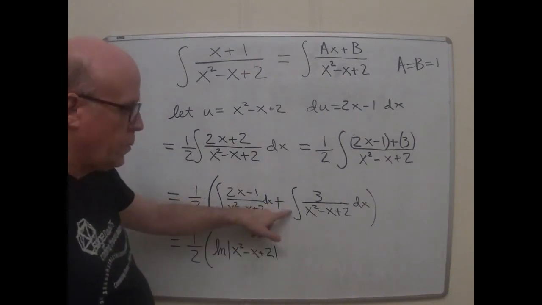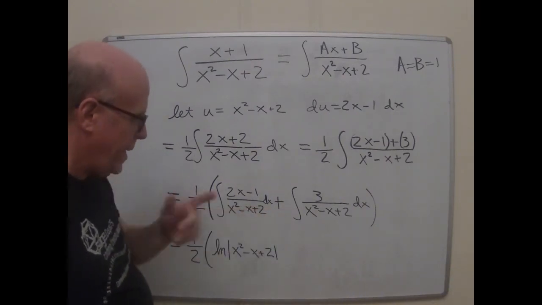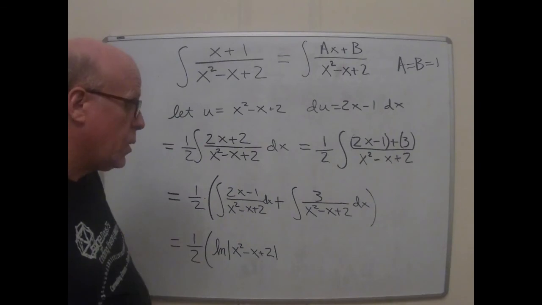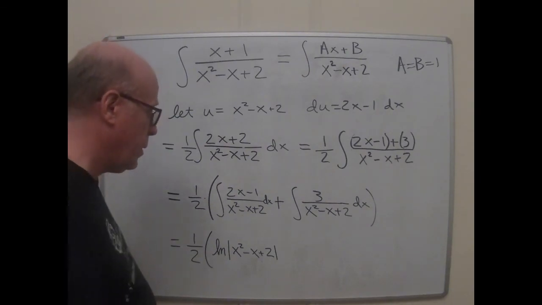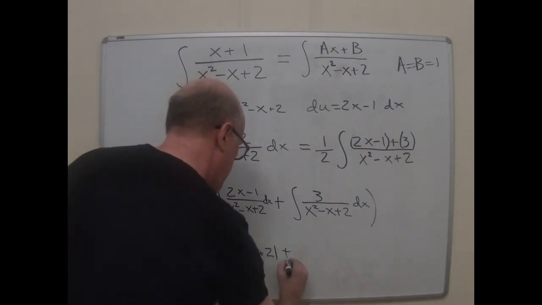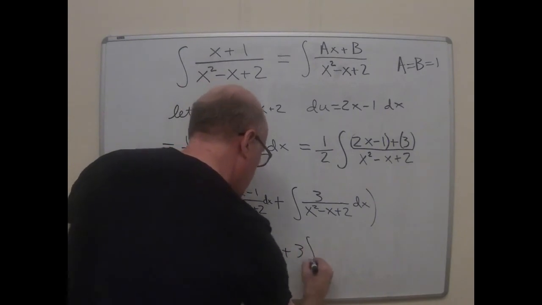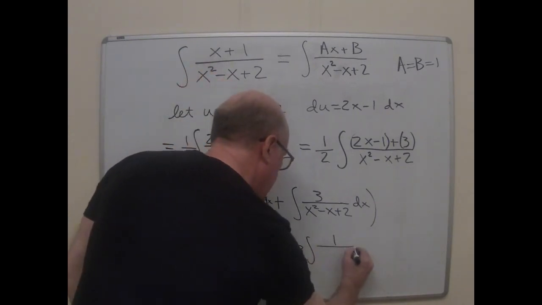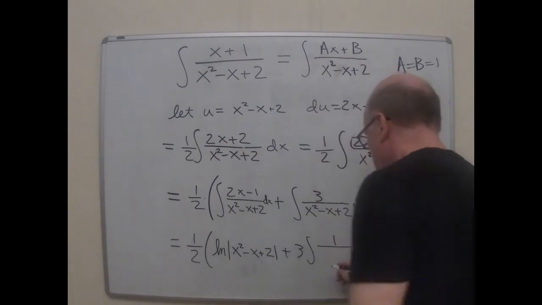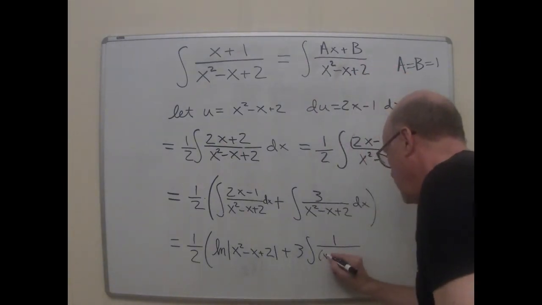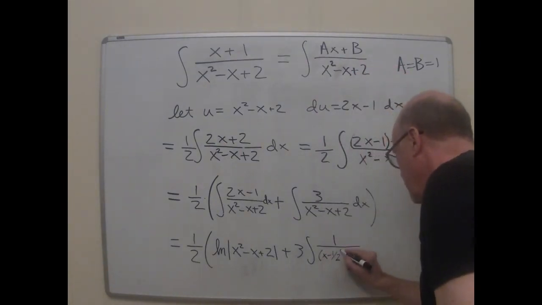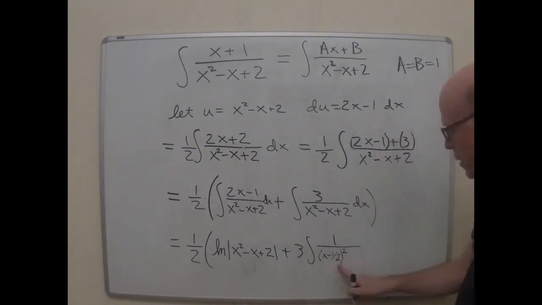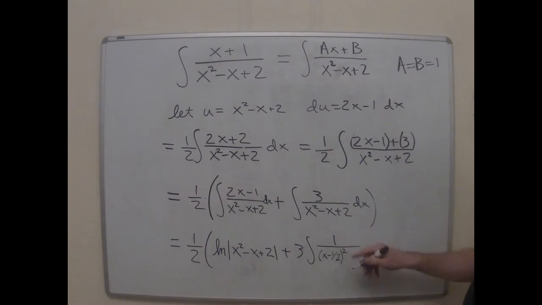But what about the second one? Well, that can, by completing the square, be turned into a form that we can deal with. 3 times the integral. I'm just going to pull that 3 out. Completing the square on this would involve x minus 1/2 squared, which would get us a constant of positive 1/4, but we've actually got a 2, so we need to add, was that 7/4?